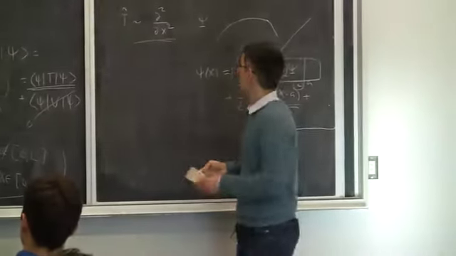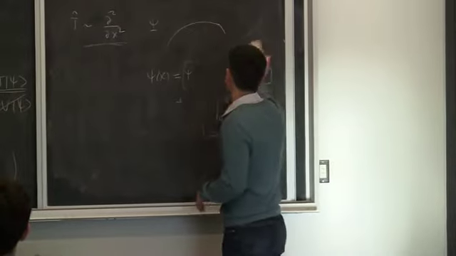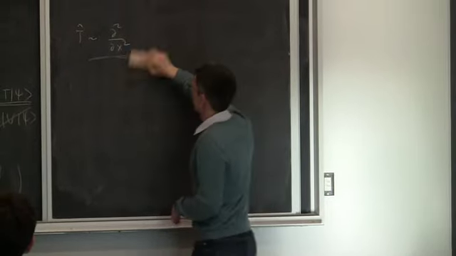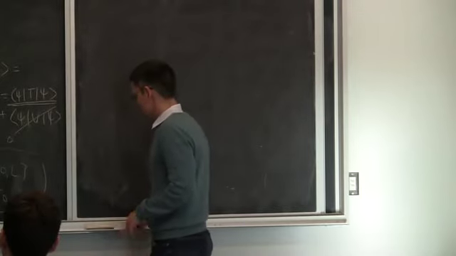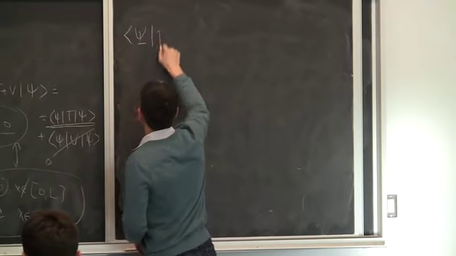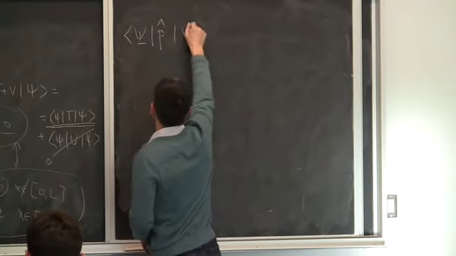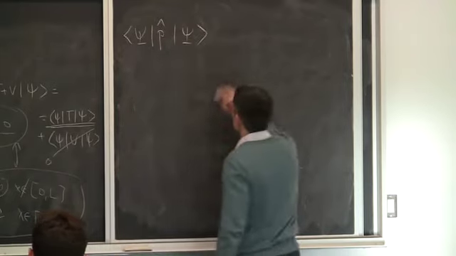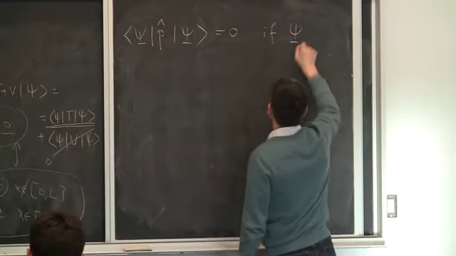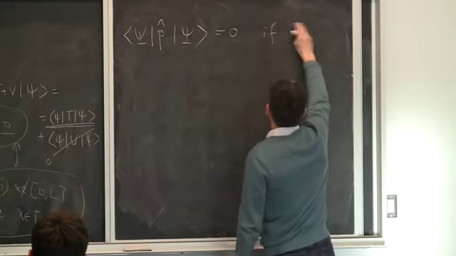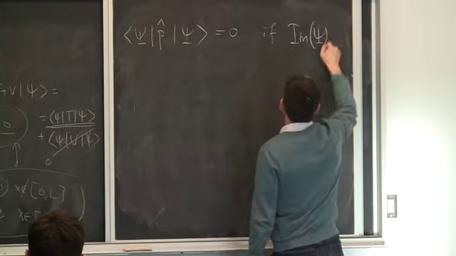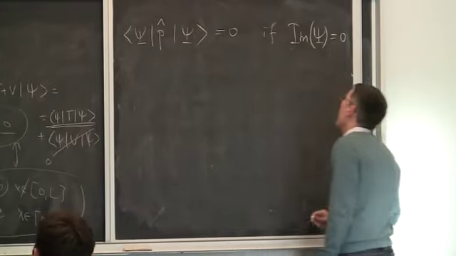Now, if we consider, on the other hand, momentum, I pointed out at the previous lecture that if you have a function which is real, then the momentum will always be zero if, let's properly write this, the imaginary part of the wave function is zero. Right?